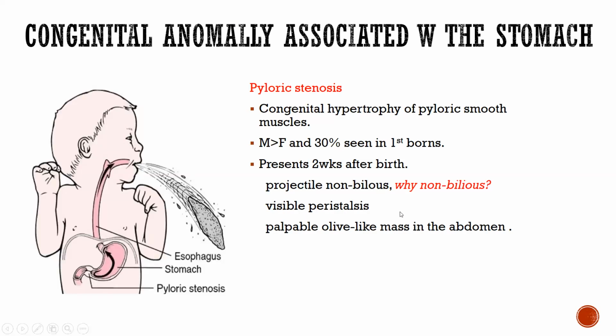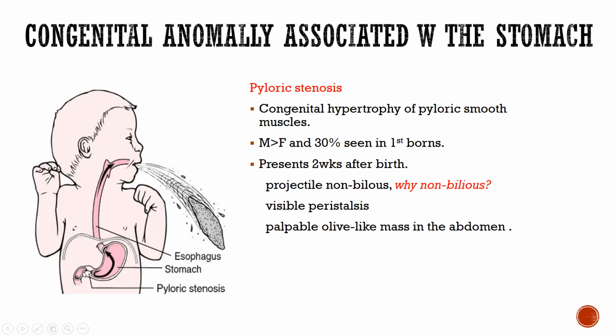So how does this present? It presents with non-bilious vomit, which is projectile. Why non-bilious? As you remember, the pancreatic ducts and the gallbladder and so on introduce bile into the small intestines.